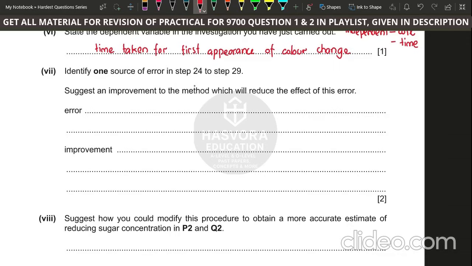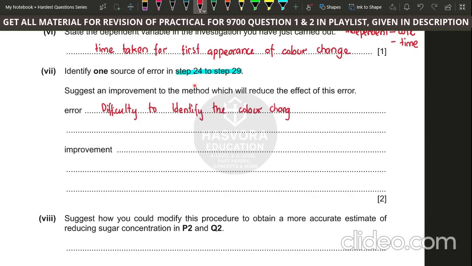But here we are being limited to step 24 to 29. That is why I am just using this error, difficulty to identify the color change.